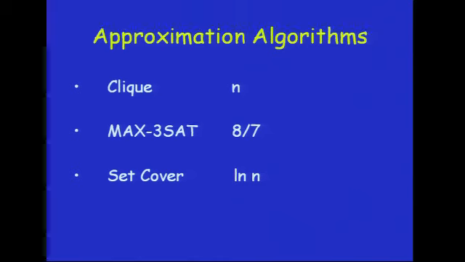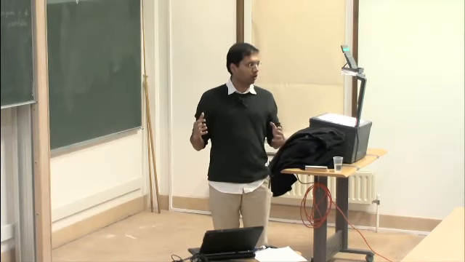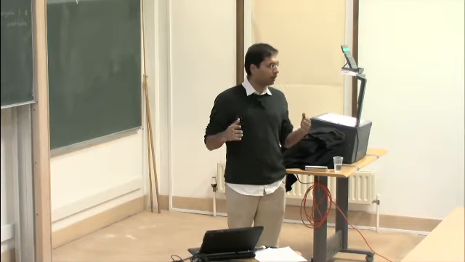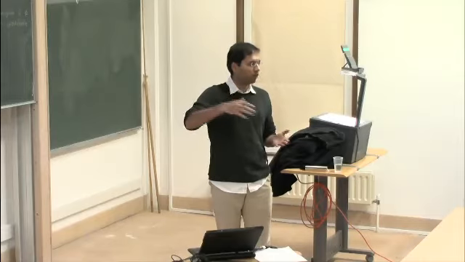And here are some 3 approximation algorithms with their approximation factors. The first 2 are going to be trivial. The clique problem on n vertex graphs: the goal is to find the clique of maximum size. Now if it's an n vertex graph, the maximum clique can be of size at most n, right? On the other hand, here is a trivial algorithm. It just picks one vertex and declares that to be a clique, right? So that definitely achieves an approximation factor of n.